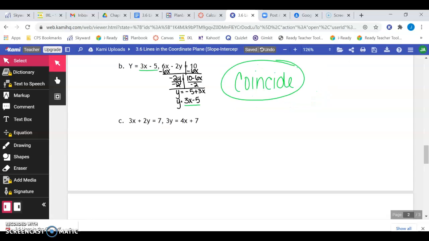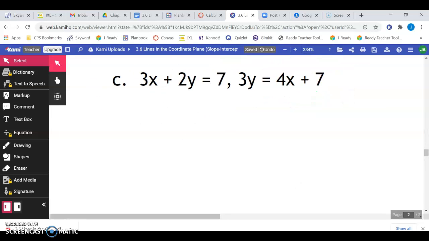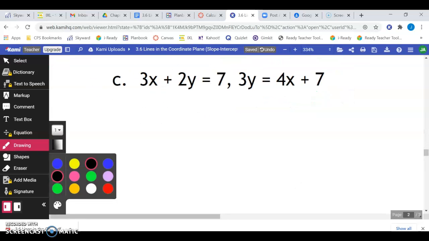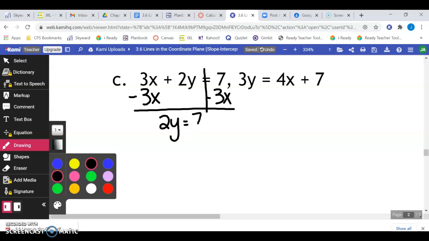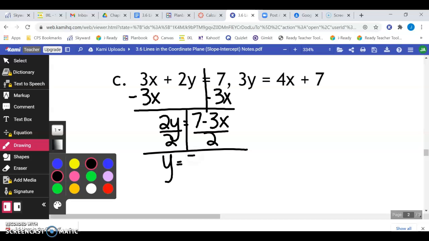All right, and then for part C, again, neither one of them are solved for y, so we need to do that first. So -3x here. So we have 2y equals 7 minus 3x. And then we have to divide everything by 2. So y equals 7 divided by 2 doesn't come out evenly, so I'm going to leave that.